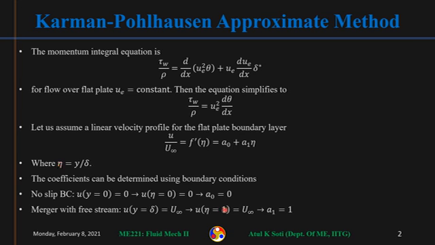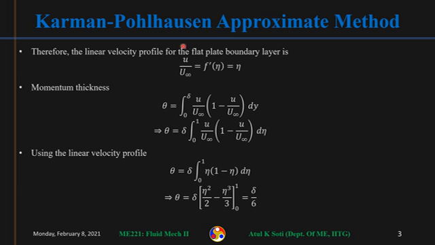So u by u infinity will become 1 at eta equal to 1. a0 was already 0, so a1 times 1 equals 1, so a1 will become 1. That way we can find both coefficients and know the linear velocity profile: u by u infinity is equal to eta. F prime eta is simply eta.